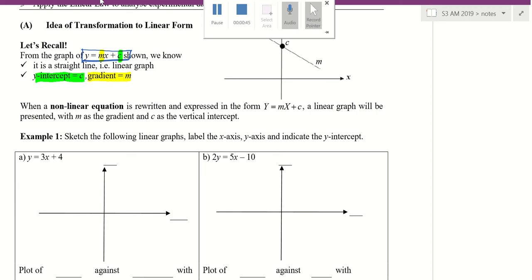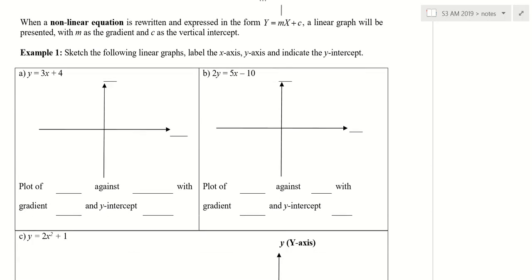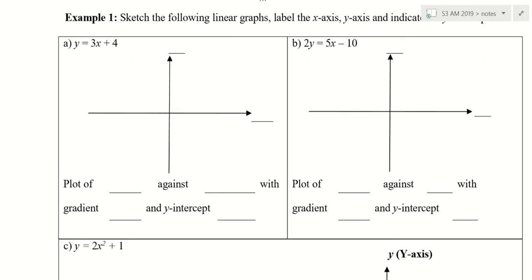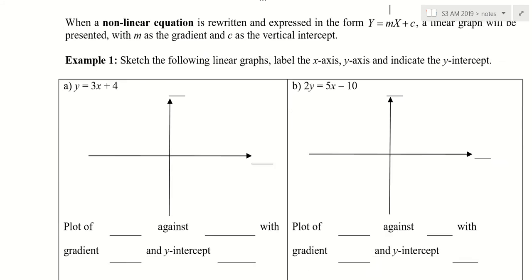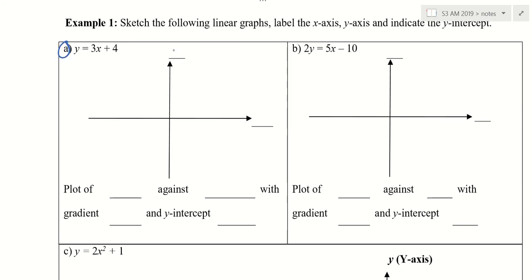So let's take a look at what we know now. Example one, A. What is the vertical axis here? y, right? What is the horizontal axis? x, right? These are very simple. Then we want to draw the line. Look at the sentence here: plot of what against what?